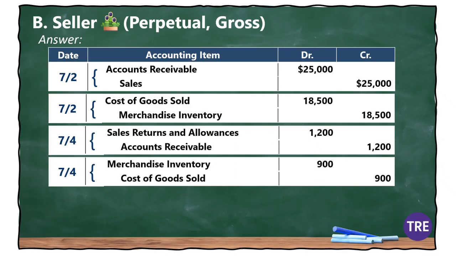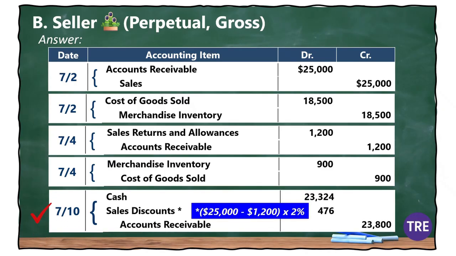On July 4th, Panda returns $1,200 of merchandise. Bamboo records this with a debit to sales returns and allowances and a credit to accounts receivable. Bamboo also restores the goods to inventory at cost $900, so we debit merchandise inventory and credit cost of goods sold.